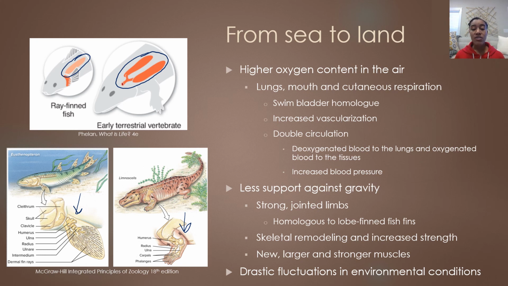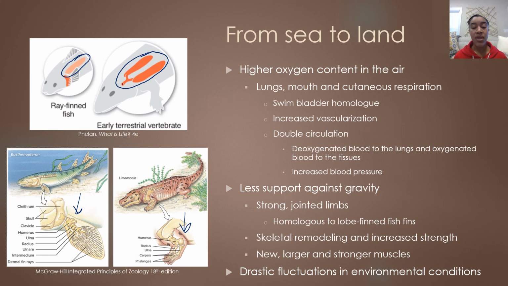And then they also had to develop larger and stronger muscles and then new muscles to support the head and support the tail and various elements of the body weight. So in order for them to push themselves against the ground, against the weight of gravity, they had to enhance their muscles, the amount of muscles they have and where they're located and the strength of those muscles and the size of those muscles.